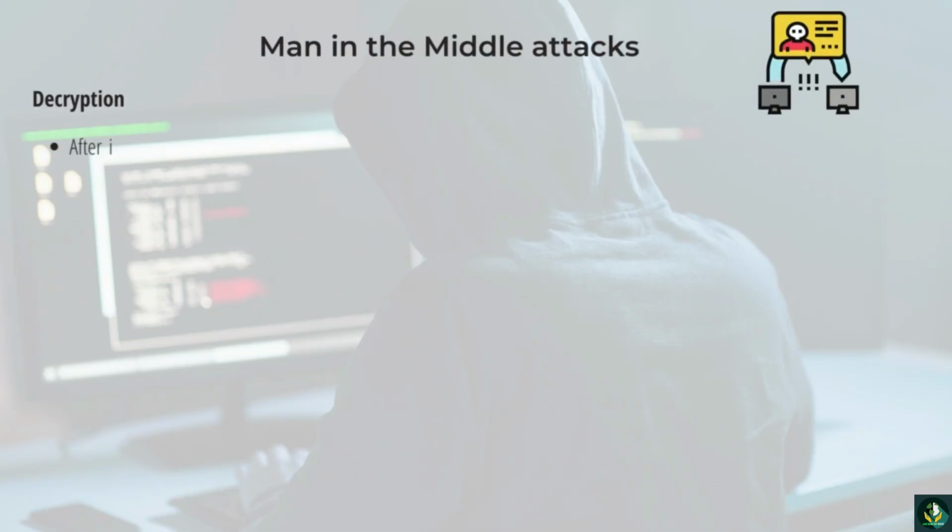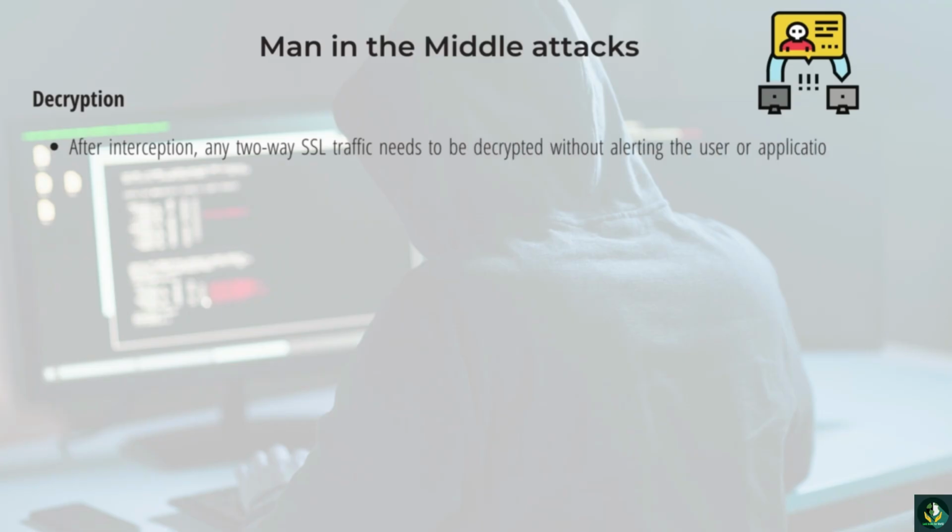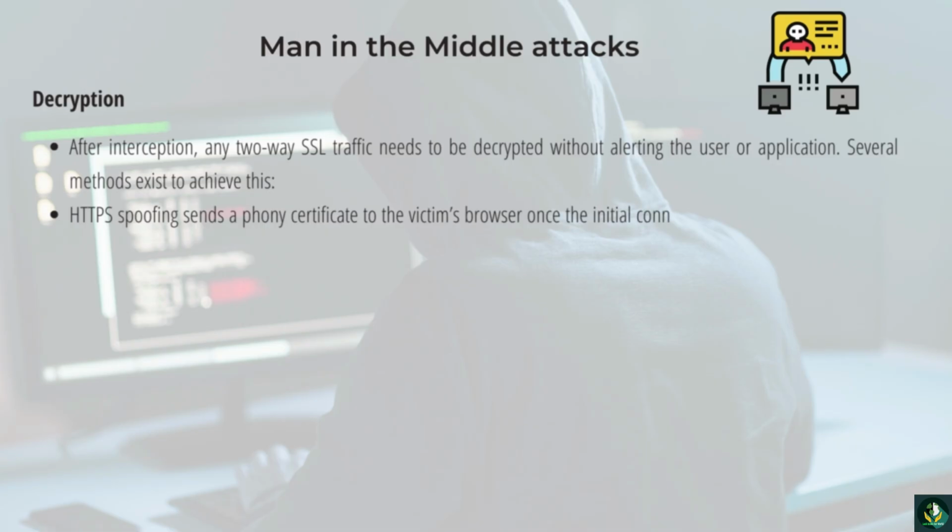Decryption. After interception, any two-way SSL traffic needs to be decrypted without alerting the user or application. Several methods exist to achieve this. HTTPS spoofing sends a phony certificate to the victim's browser once the initial connection request to a secure site is made.